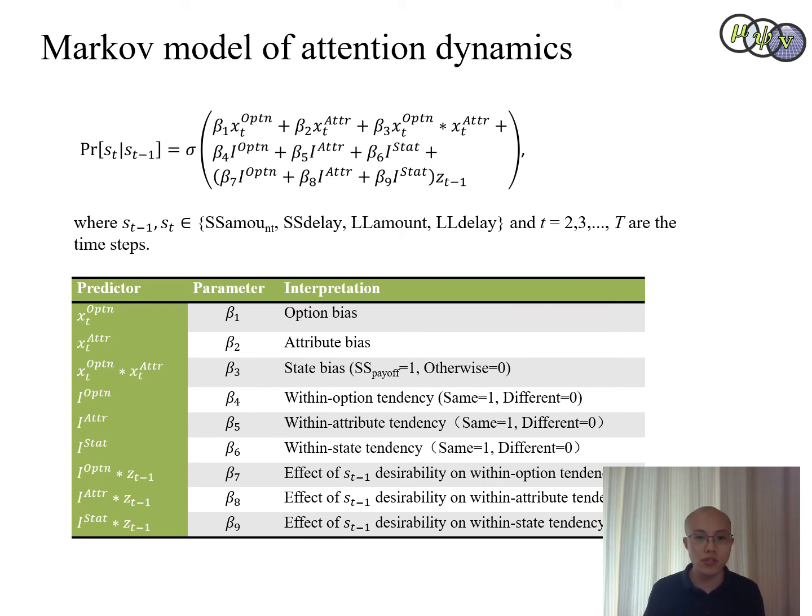Of our critical interest is beta 7 here, which is the effect of S(t-1) desirability on within-option tendencies. That basically captures to what extent the desirability of the searched information influences subsequent search of information within the same option, which corresponds to our interactive attention tendencies.